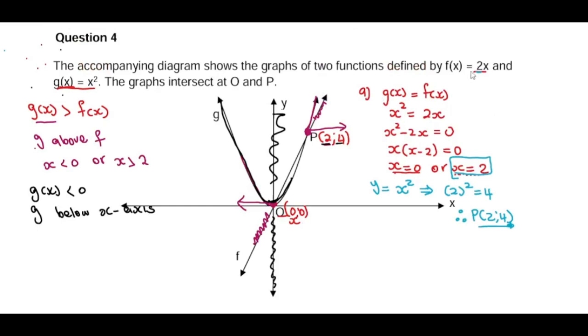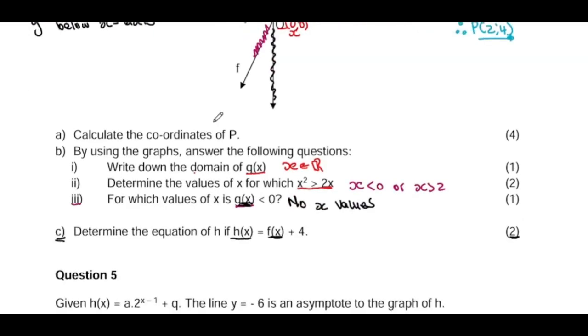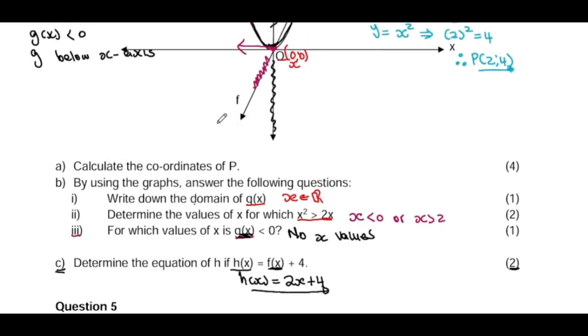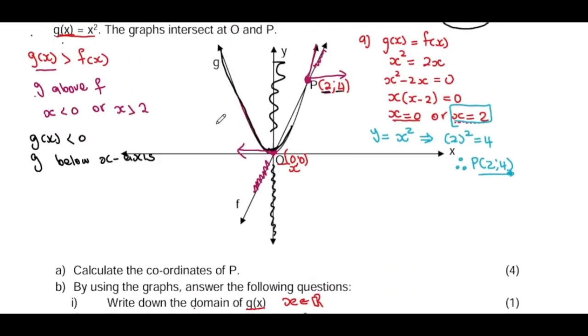So to work on this, you're just gonna say my h at x is equal to f at x, it's 2x, then you add 4. This is the new graph that we formed of h at x. That's it for this question. This was an easy question paper.